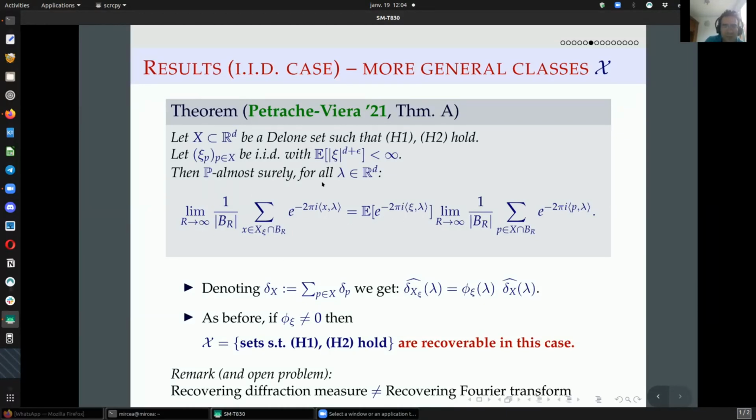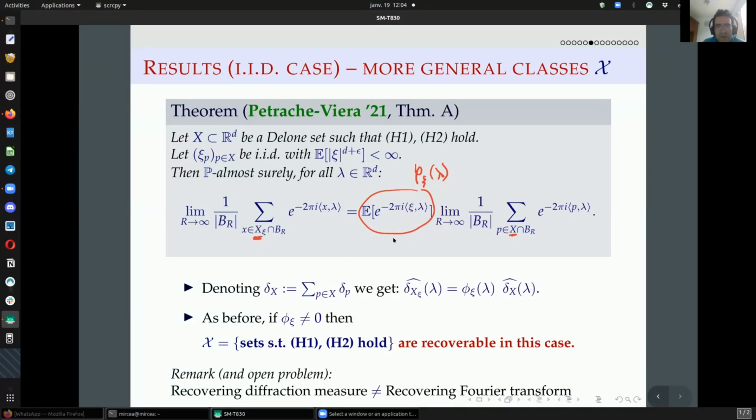You have that this average type Fourier transform of my perturbed set X_xi I can relate to the same object for the unperturbed set X, with the characteristic function of xi calculated at lambda. This holds almost surely for all lambda, simultaneously for all lambda.